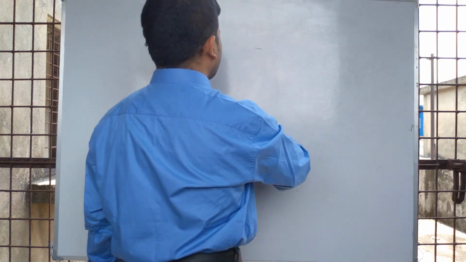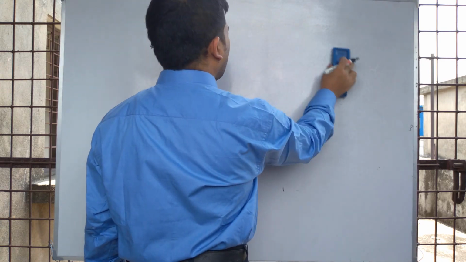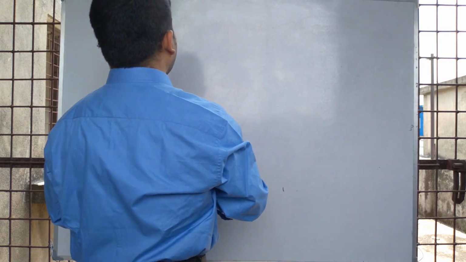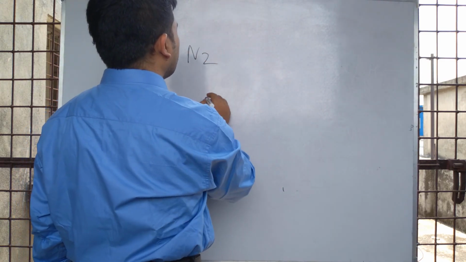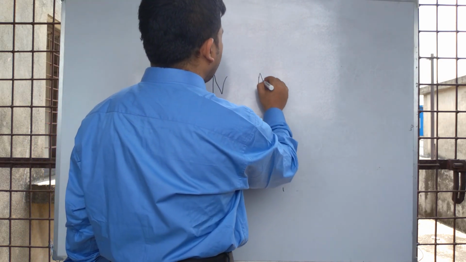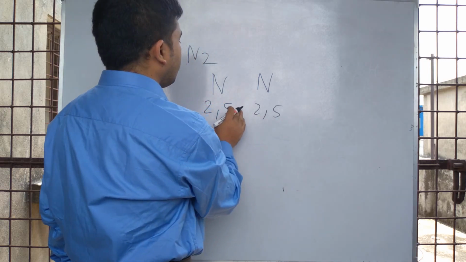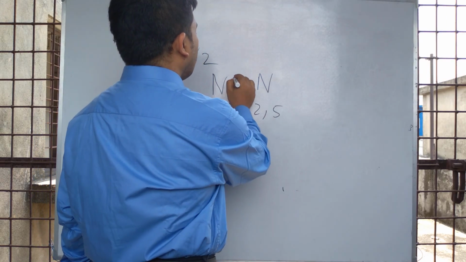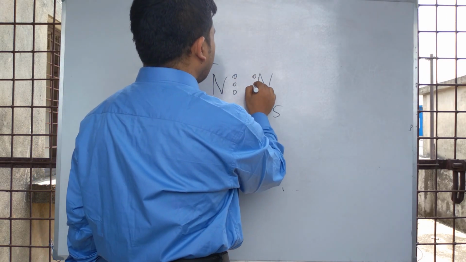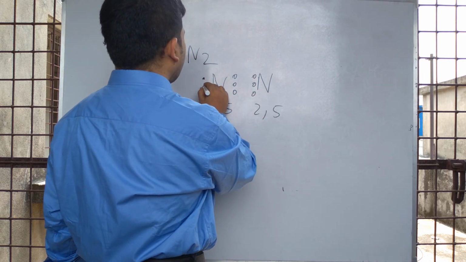Now we have to see the procedure for the formation of the N2 molecule. In nitrogen, the electronic configuration is 2, 5. Each nitrogen requires 3 more electrons to complete its octet.